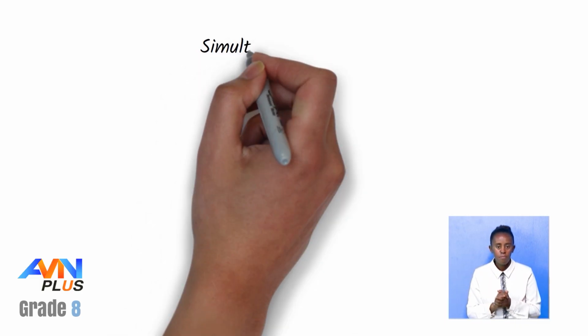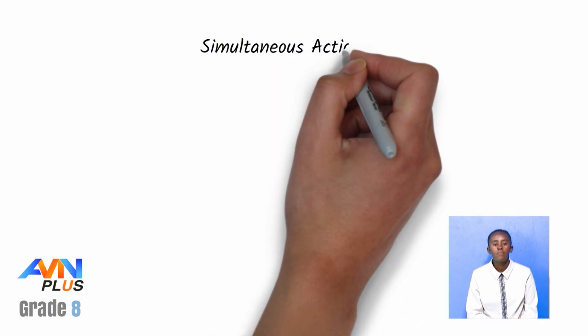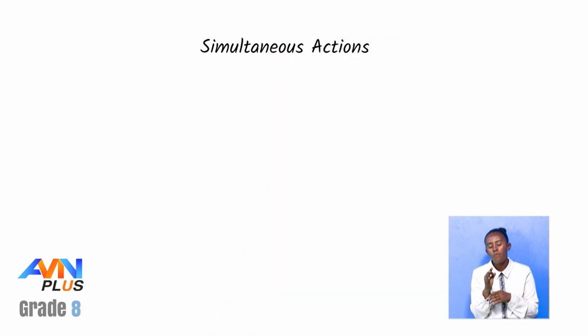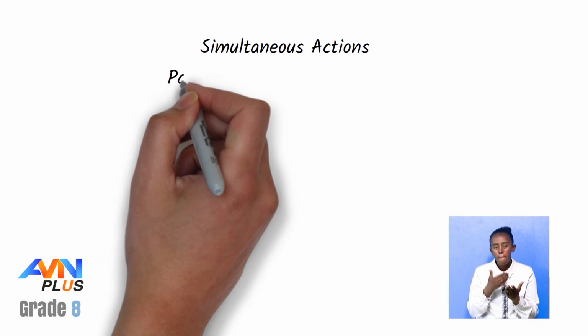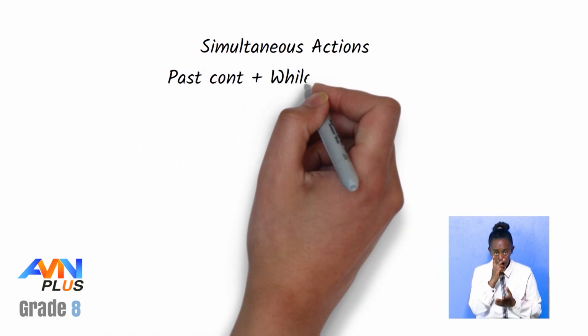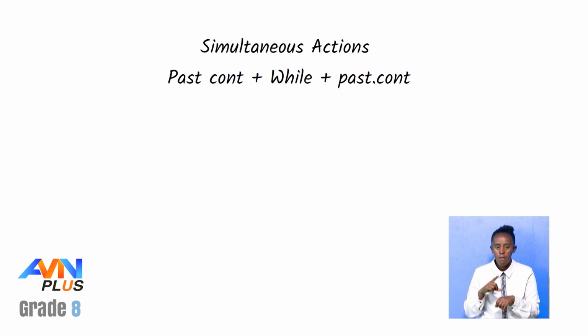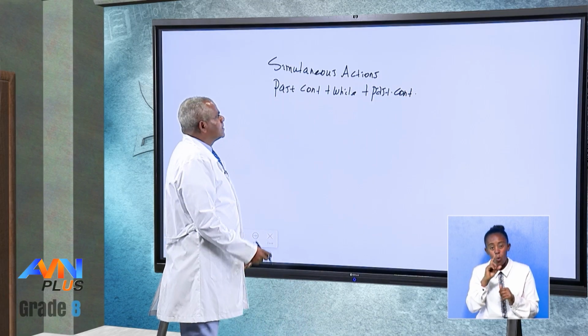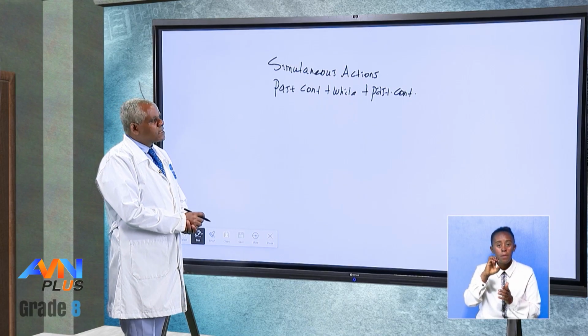Let's go and see the next one: simultaneous actions. These are also parts of the past continuous tense, so it's better to write: past continuous tense plus while plus past continuous tense. The same as the previous one, but keep in mind one thing.